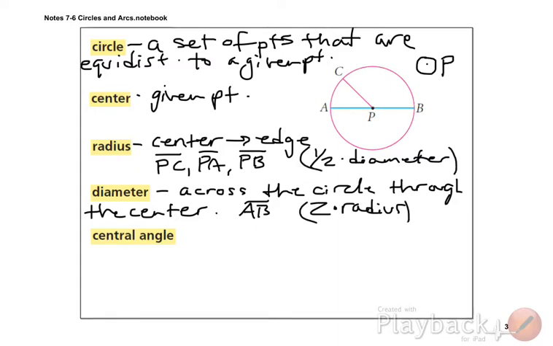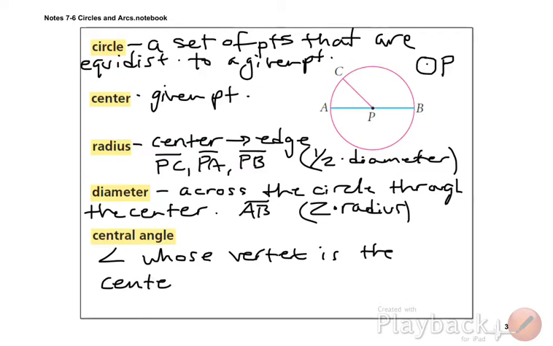Finally, we have a central angle. A central angle of a circle is an angle whose vertex is the center of the circle. There are a number of different central angles in here.